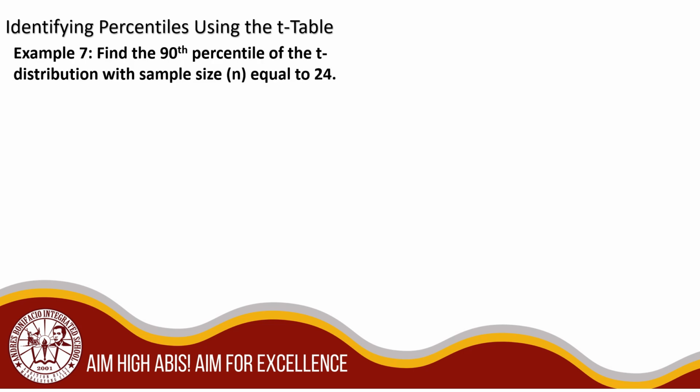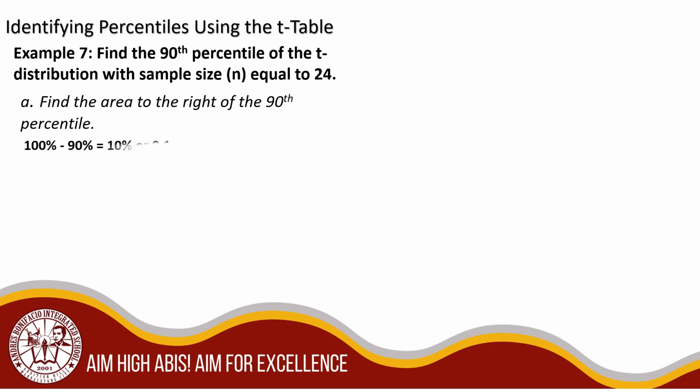So we still have to identify the percentile using the t-table. So for example number 7, we have to find the 90th percentile of the t-distribution with sample size n equal to 24. So again, what we are going to do first is to find the area to the right of the 90th percentile.